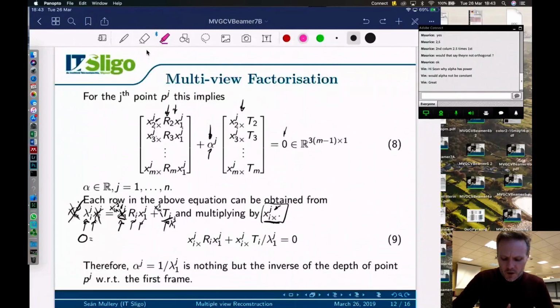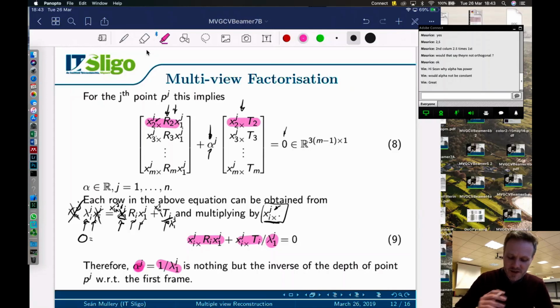So what this basically means is that therefore alpha j, in other words, if you think about it, what we have on this side is one of these, and what we have on this side is one of these. And so we have a multiple by alpha j, which is basically just 1 over lambda 1j.